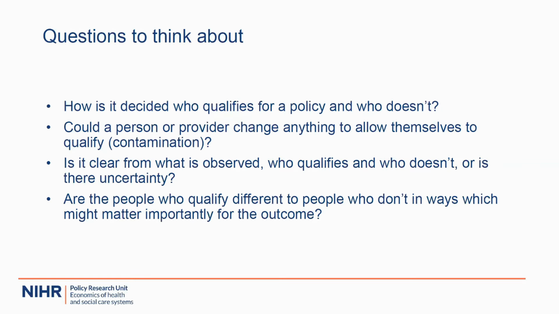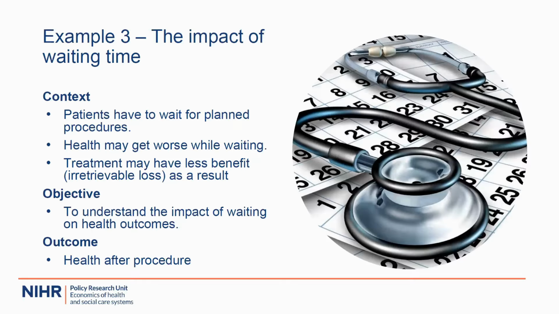And finally, are there important differences between the people who qualify and the people who don't, in ways which would impact how the policy had an effect? So again, some slightly different types of questions related to this method, but in other respects quite similar to the difference in difference method.